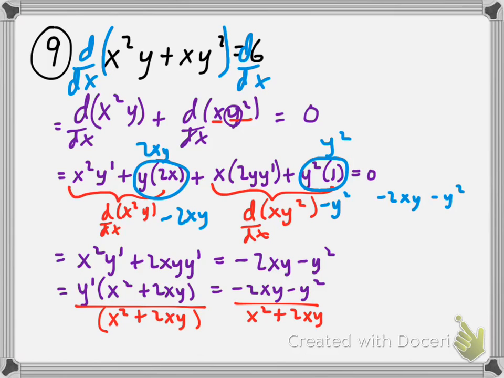There's not enough room here to write it again, so I'll just put a box around it. That's our answer for y prime, and that's our dy/dx. It depends not just on x, but also on y. So that's number 9.